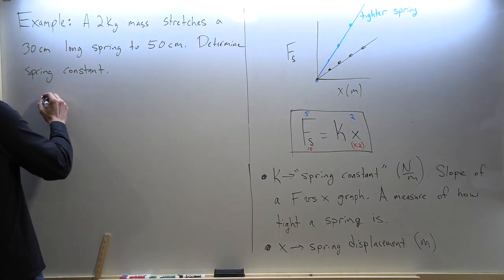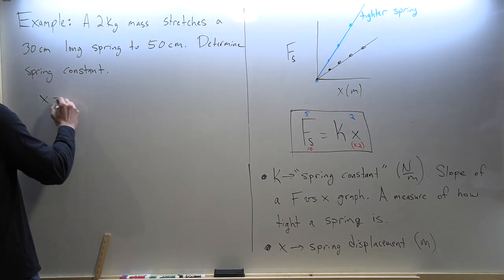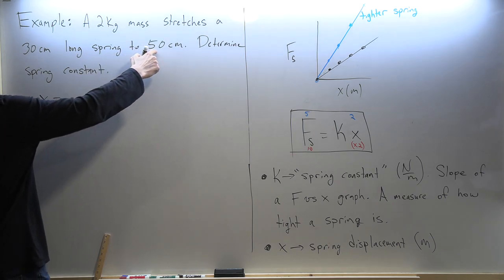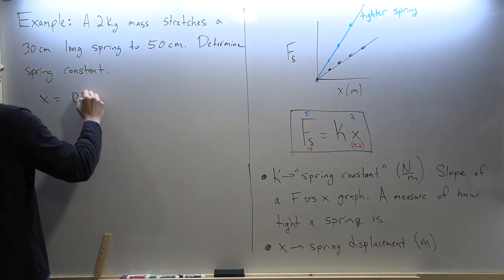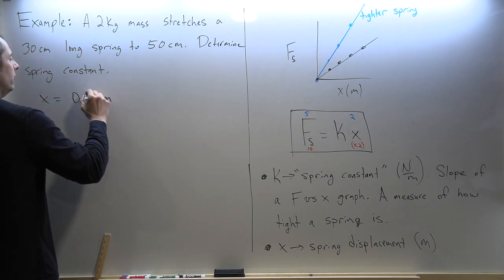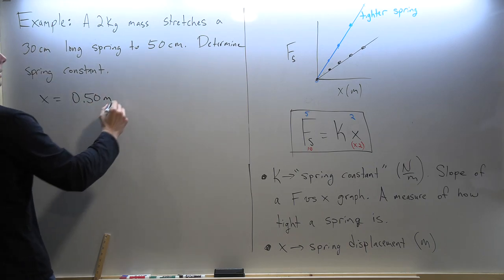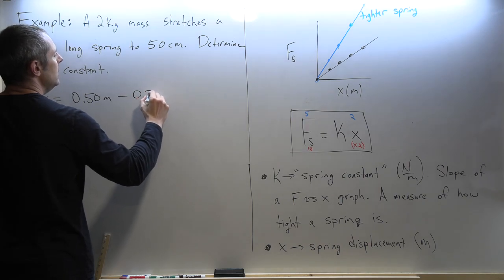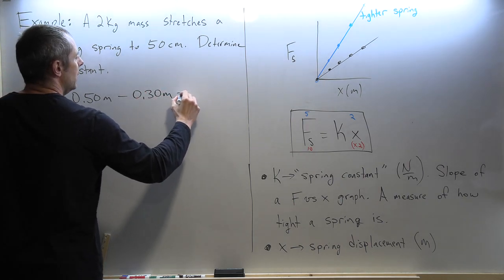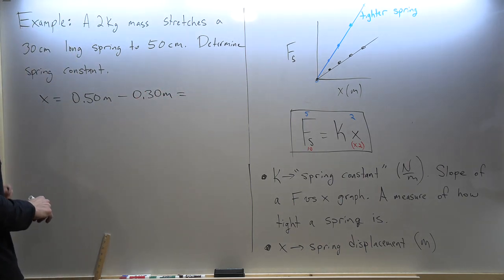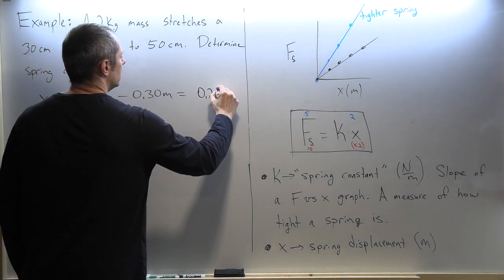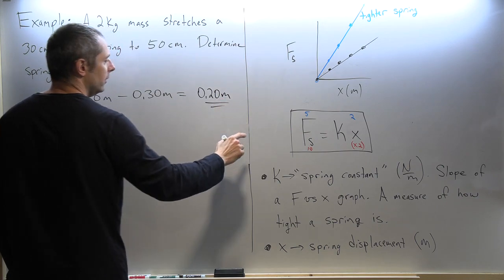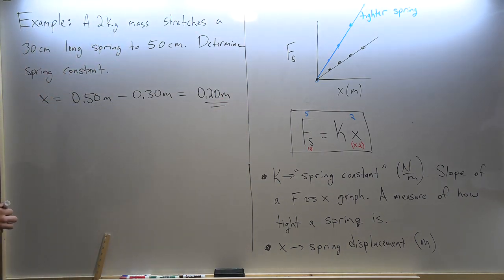The displacement is going to be this length minus that length, but we also need to be in meters. So 50 centimeters is 0.5 meters, and 30 centimeters is 0.3 meters, which makes the spring displacement 0.2 meters. So there, that's X in the formula.